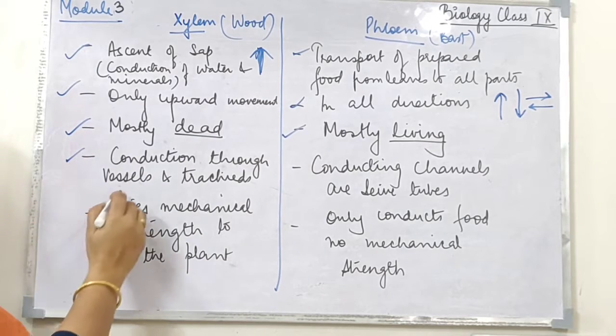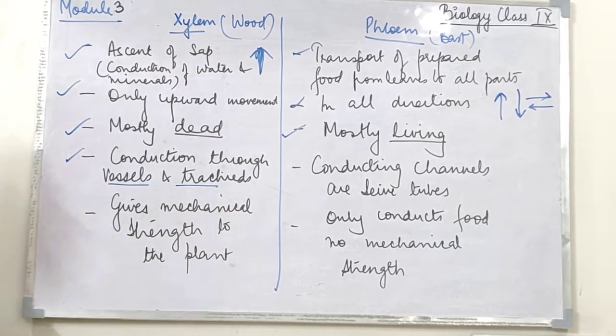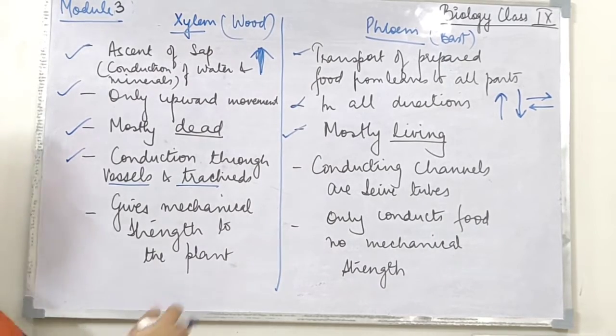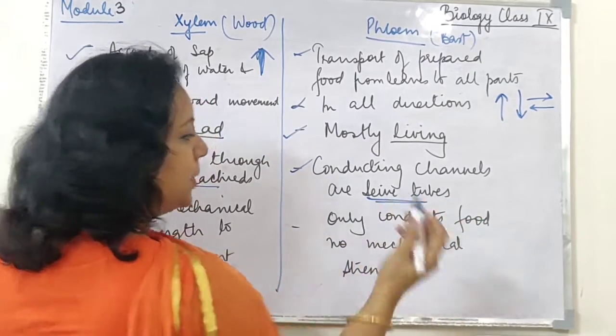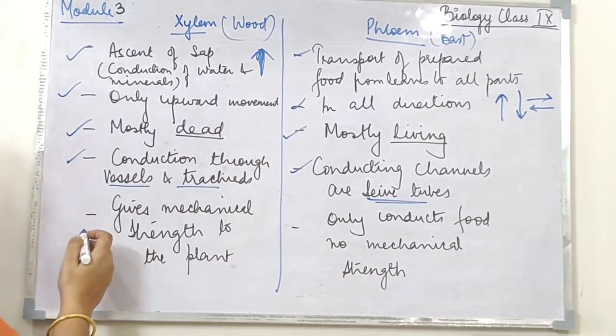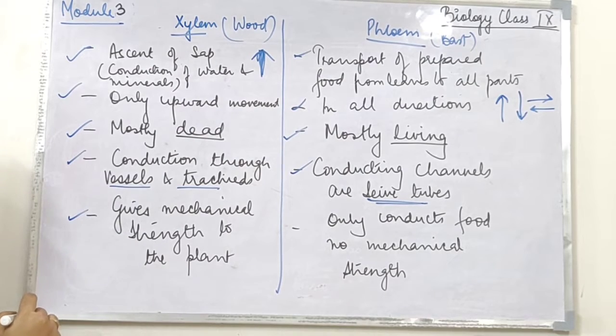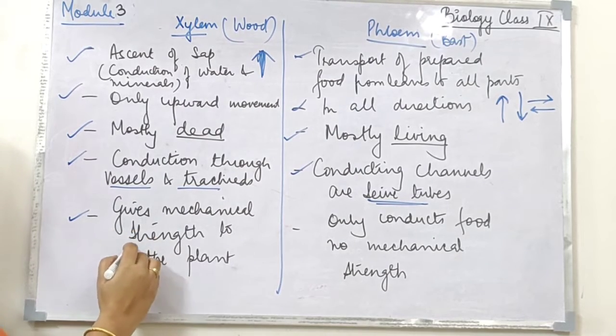Now the fourth is the conduction of water and minerals, which is mainly through vessels and tracheids in xylem, and over here the food conducting channels are the sieve tubes. These are the technical terms for them. The last but not the least, xylem does give strength.